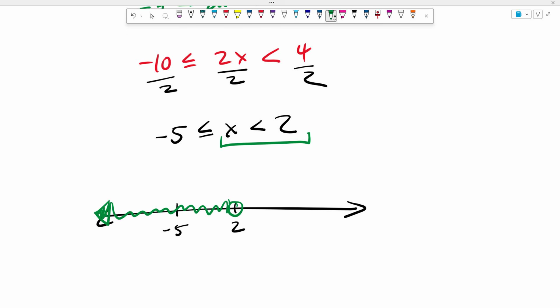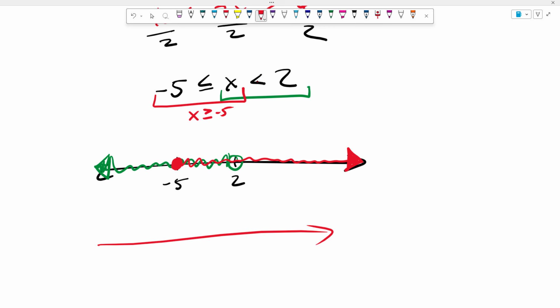This one is the same thing as x is greater than or equal to negative 5. Is all this. So the solution set has to be both in green and red here.